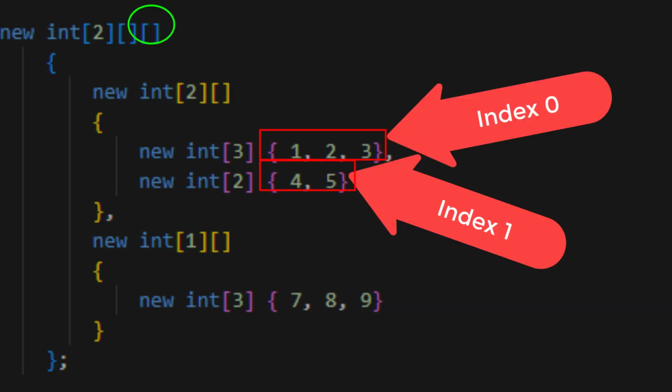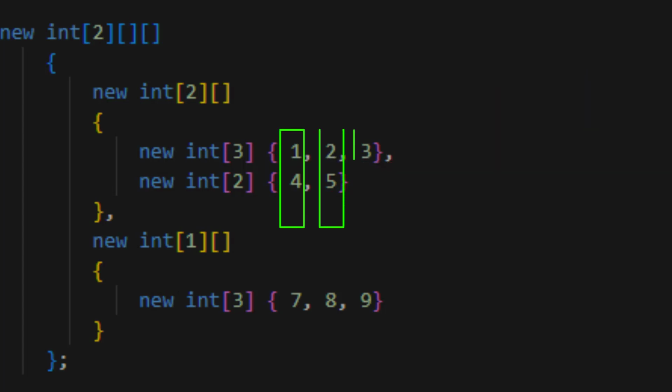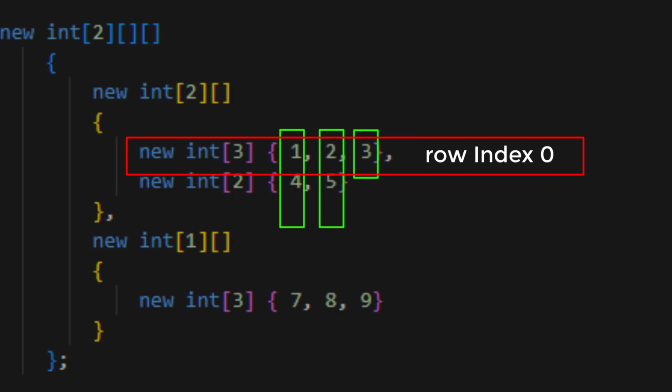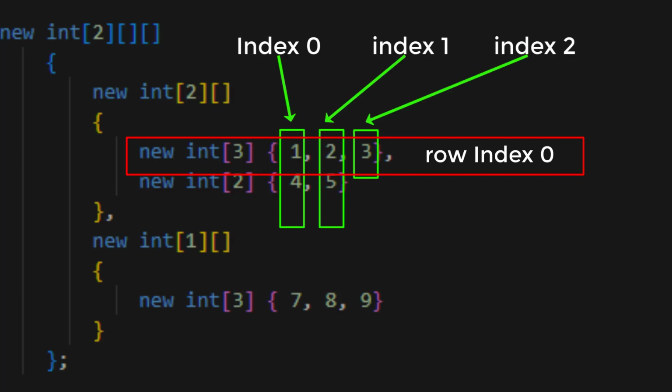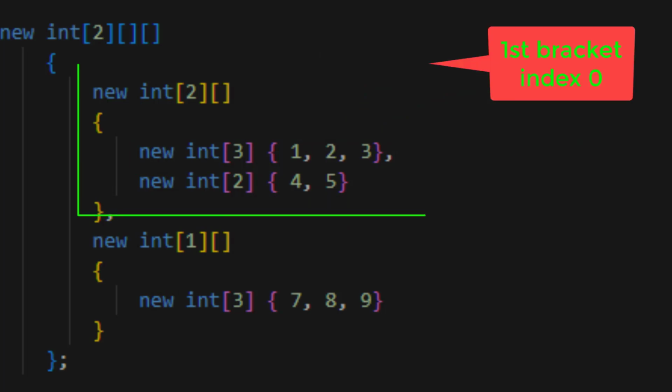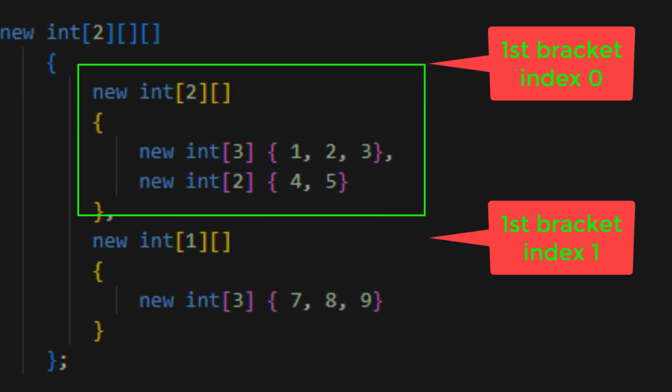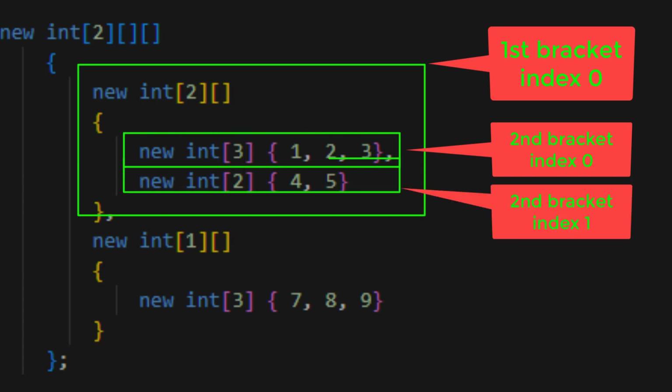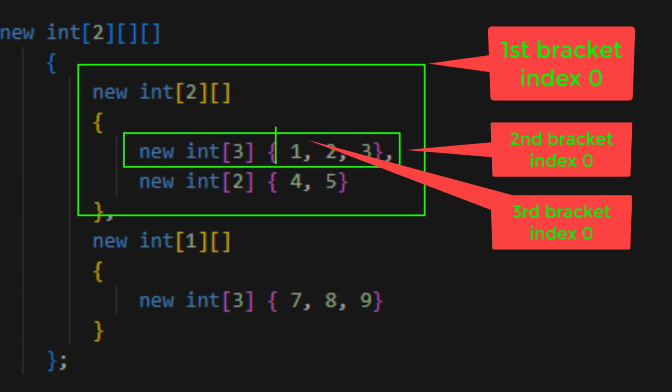And the third bracket is the value of the array, with indexes 0, 1, and 2. So at index 0, 0, 0, the answer is 1.